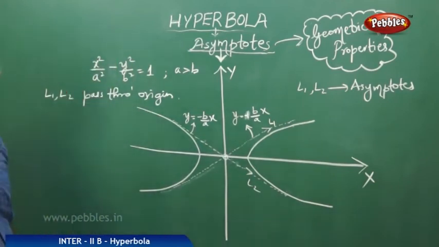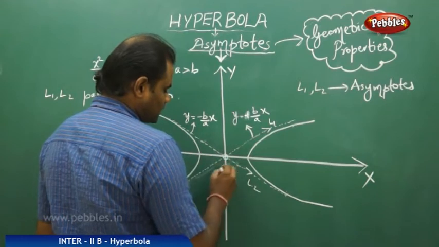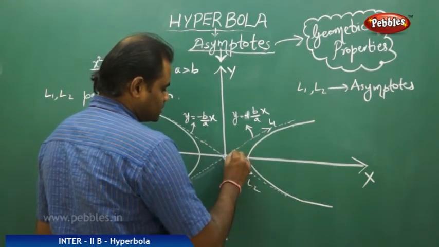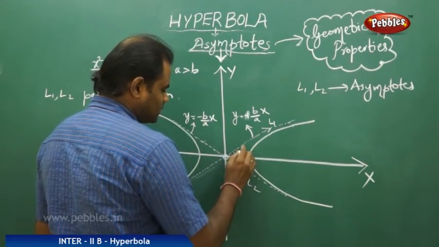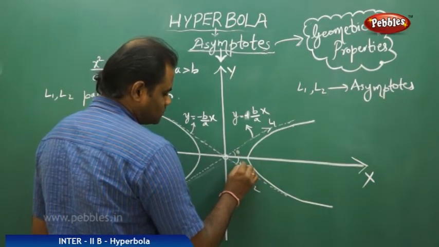And also we see that their angular bisectors are the same, that is, if the angle made by this is theta, then this is also theta.